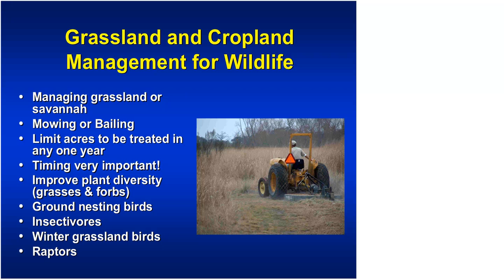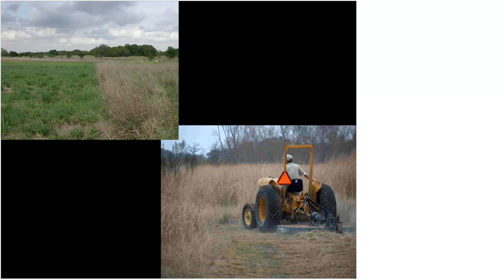Here's an example of when you're using mowing. In the upper left-hand slide, you can see an area that has been mowed and an area that has not been mowed, and you end up removing a lot of that standing dead material, cutting it down with mowing or baling.